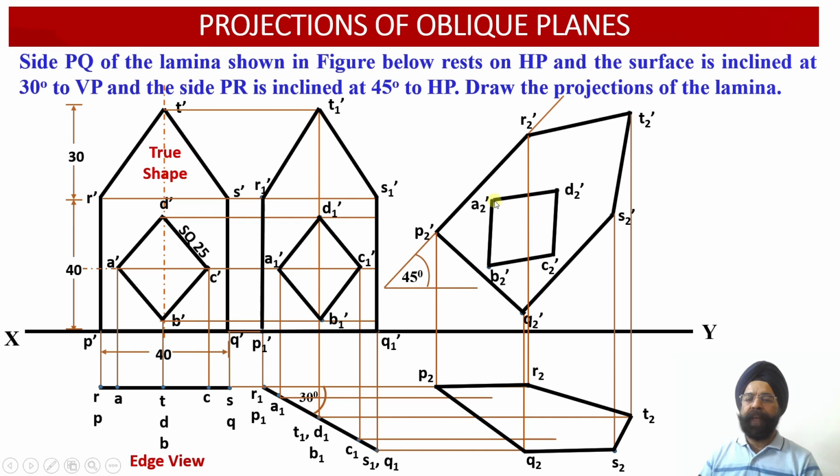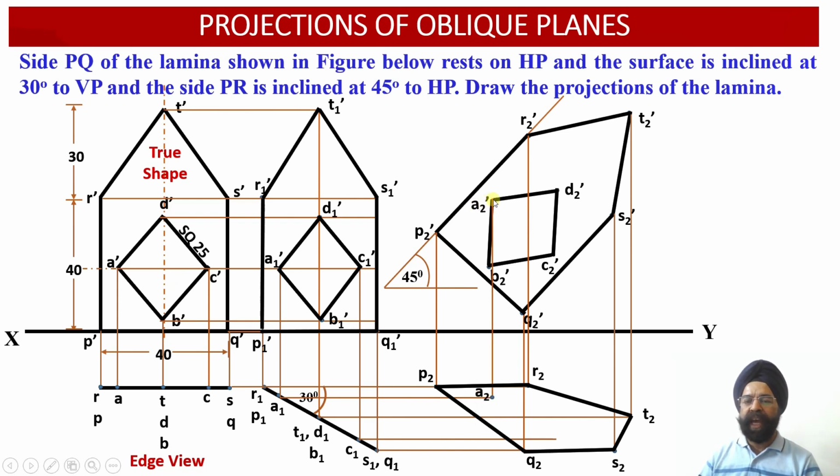Now we have to obtain the 4 projection points corresponding to the square hole over here. That is, the plan projection points corresponding to the square hole need to be obtained. So let us start with the point A2 dash.